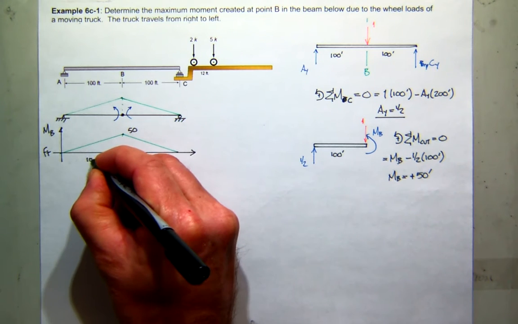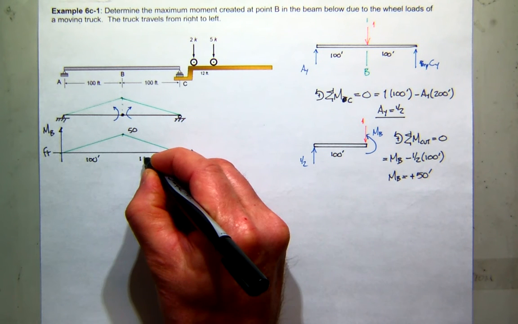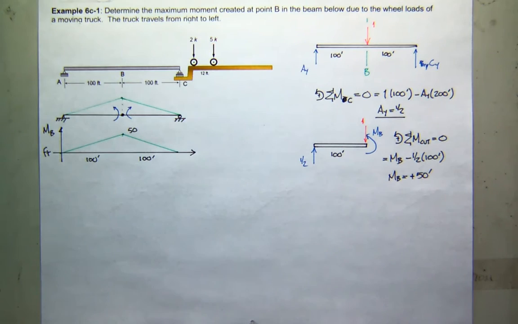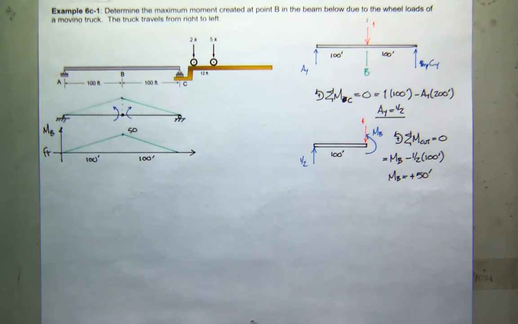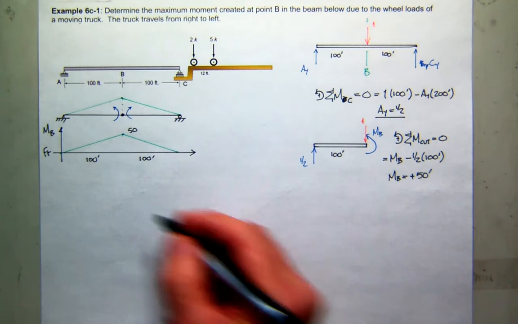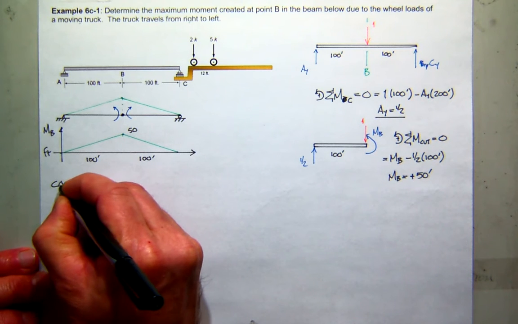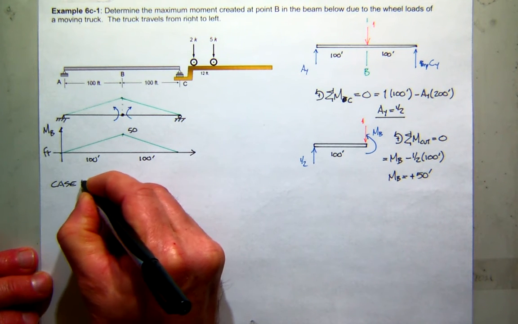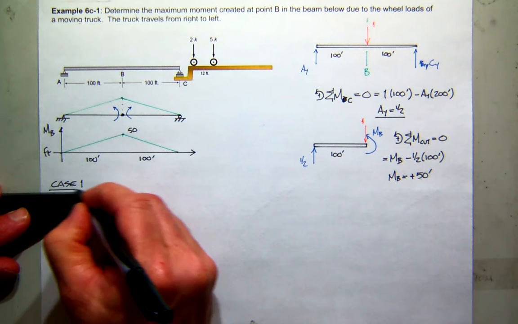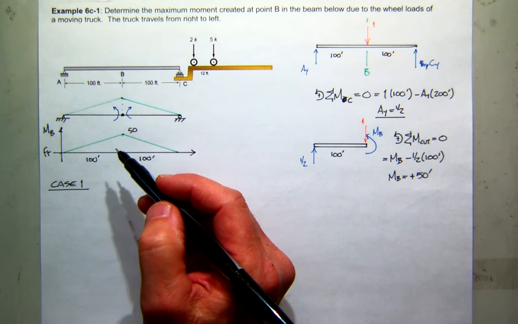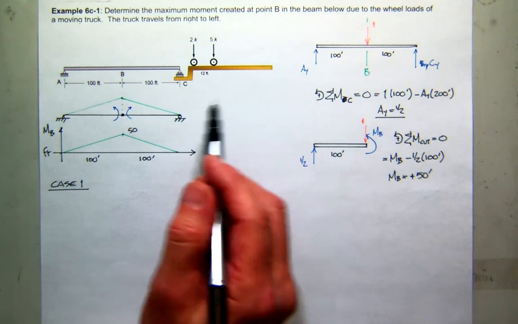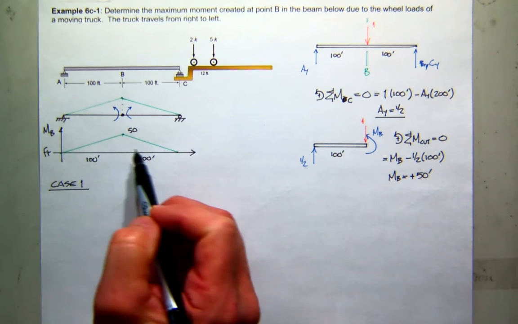And of course, that's 100 and 100. So my truck has 2 loads, so how many cases do I have? 2. So here's case 1. One thing you should ask yourself: is there going to be any negative moment created in this beam because of this load at B? No. The whole thing is positive.